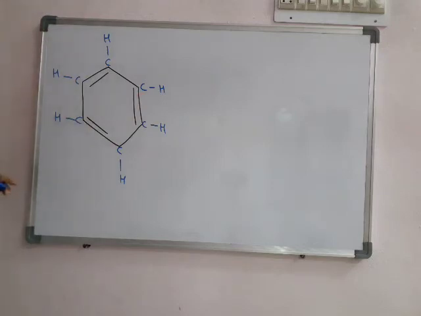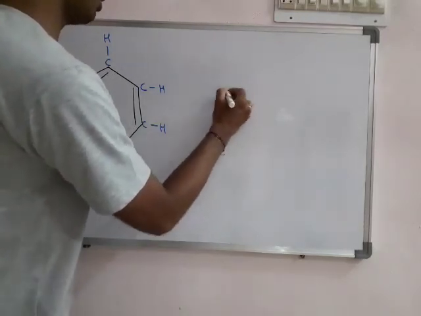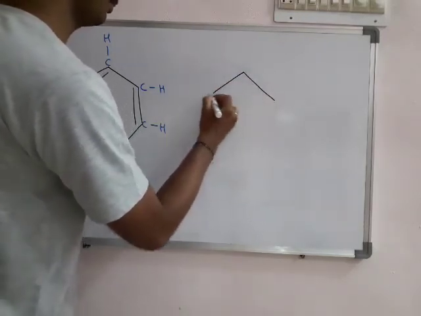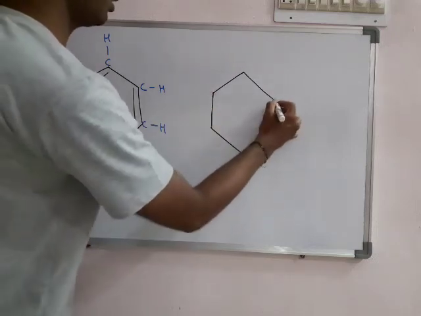So what happens in resonance, what is the other resonating structure? What is the other structure of this benzene? Try to write the same size.